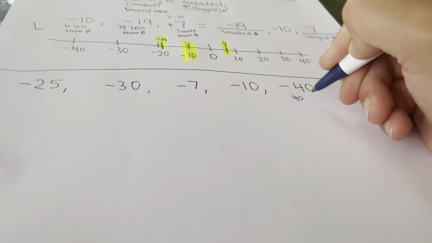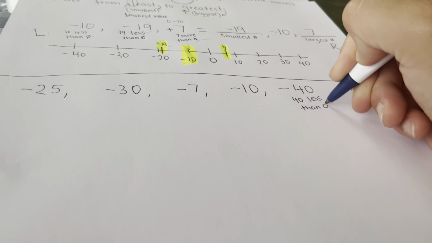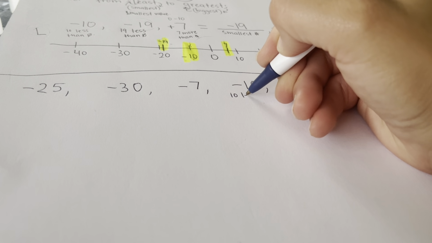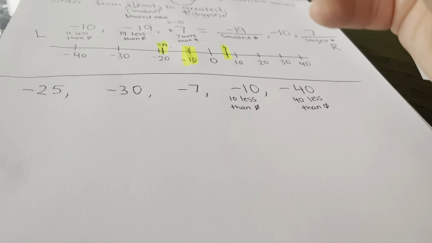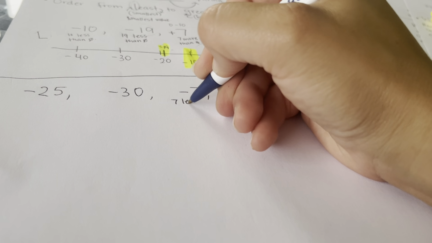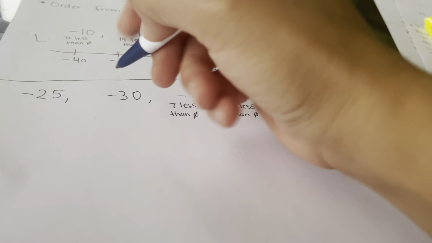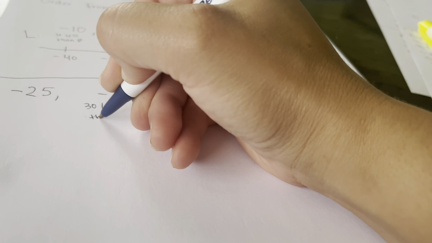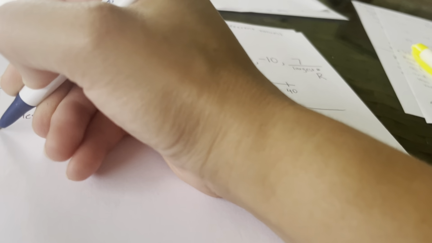Negative 40 means 40 less than 0. Negative 10 means 10 less than 0. Negative 7 is 7 less than 0. Negative 30 is 30 less than 0. Negative 25 means 25 less than 0.